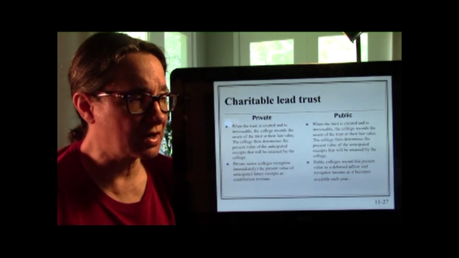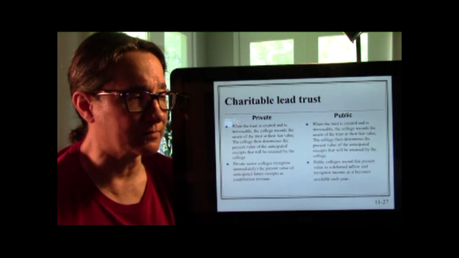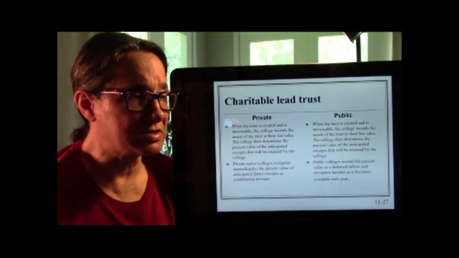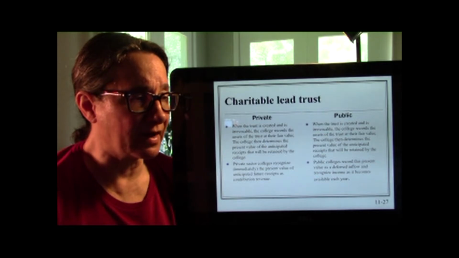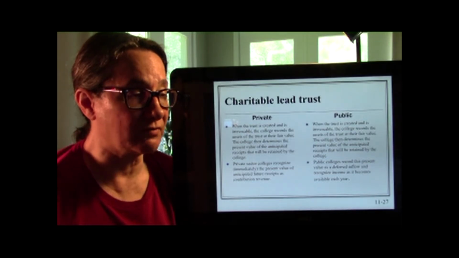When a trust is created, the private college records it at fair value, then recognizes the present value as contribution. When a trust is created for a public school, the college records it at fair value and records the present value as deferred inflow.